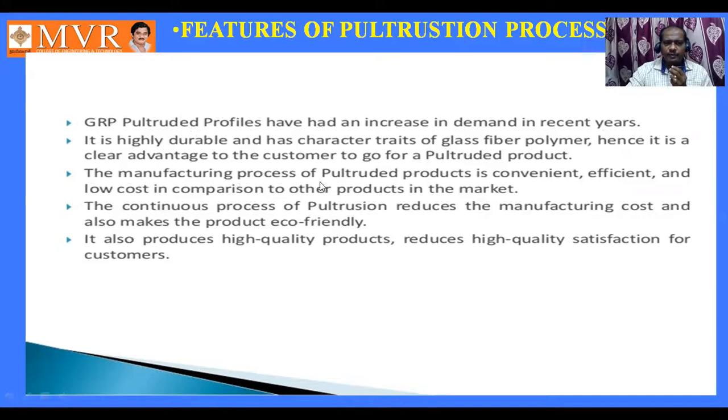The manufacturing process of pultruded products is convenient, efficient, and low cost in comparison to other products in the market. The continuous process of pultrusion reduces the manufacturing cost and also makes the product eco-friendly. It also produces high quality products and high satisfaction for customers.